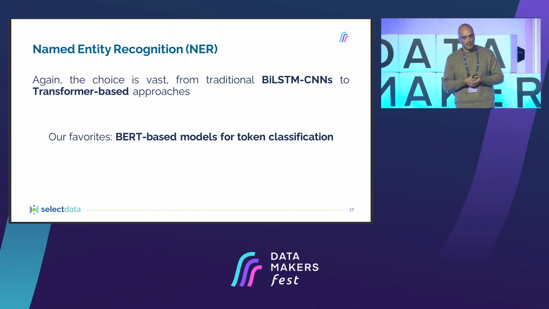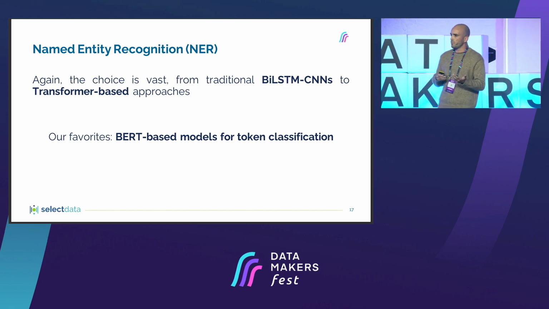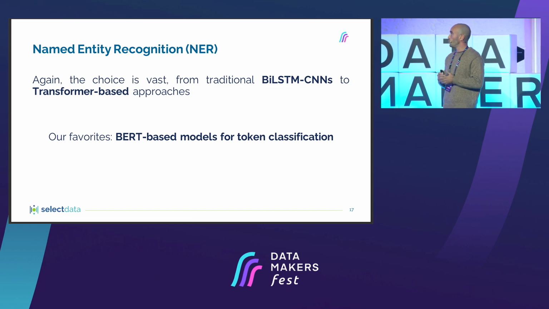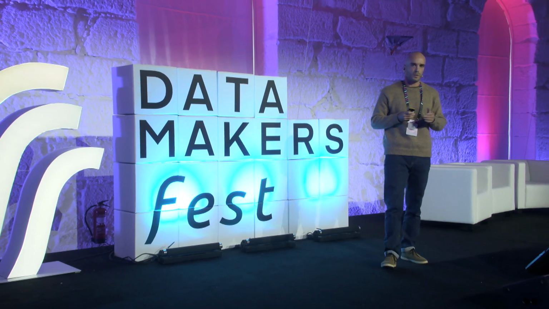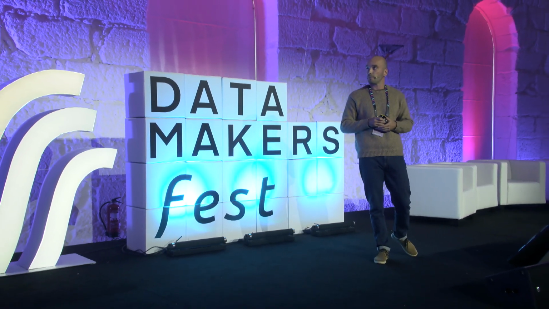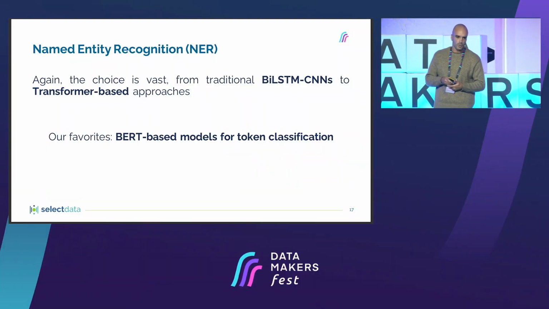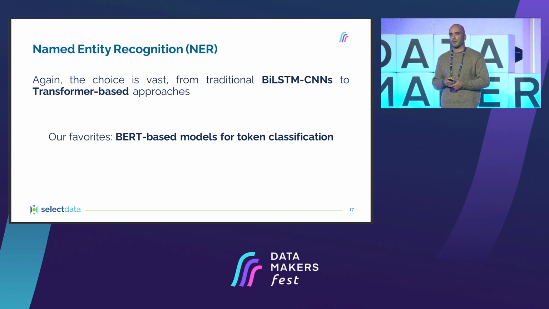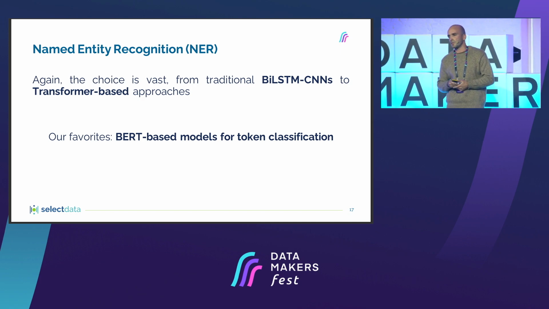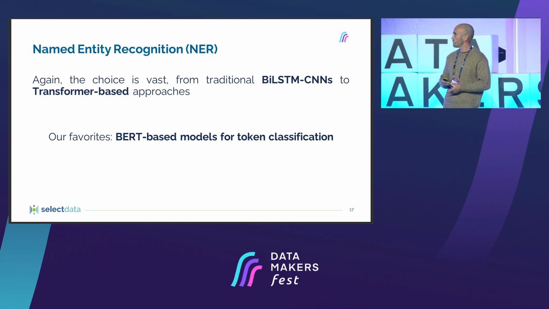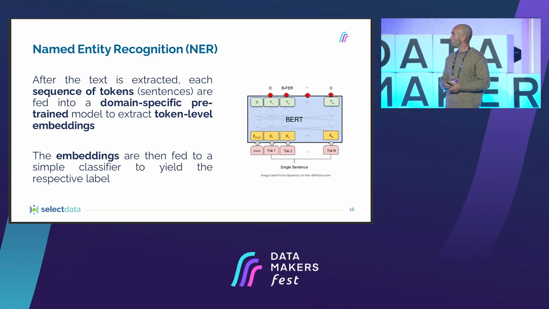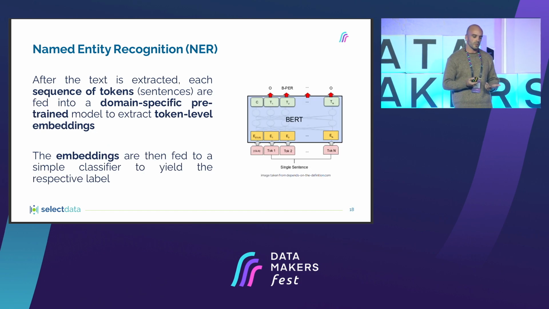So between BERT, RoBERTa, DistilBERT, you can take your pick, and within this domain you will most likely find something pre-trained for the domain that you like. Again, we are biased toward these models, and we leverage BERT-based models for this token classification step. Most of the models that we use are actually vanilla BERT. We have some RoBERTa models, but BERT by itself has performed quite well, so empirically, we are just sticking to it.